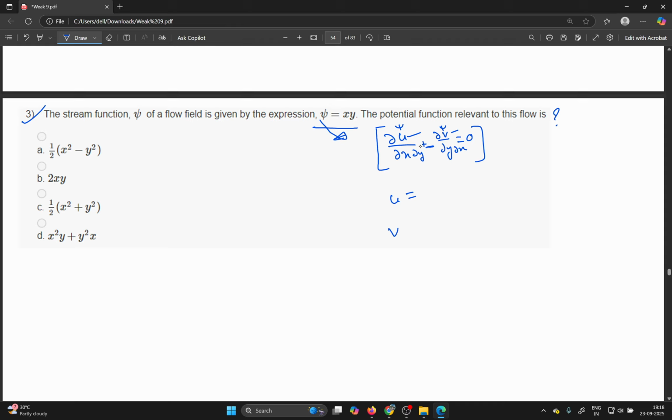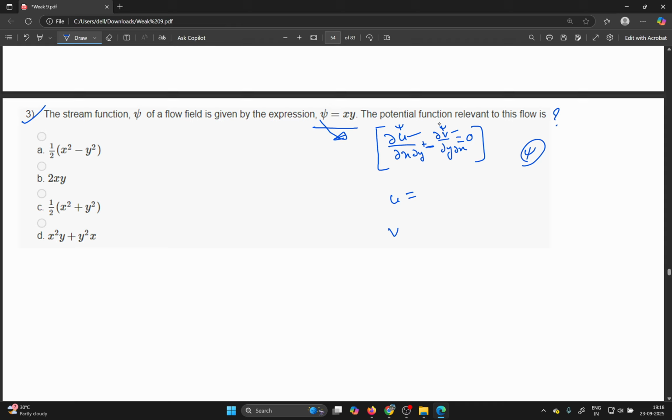So if I write something like that, then we can easily replace this u and v with a single variable, single variable means in terms of psi. You can very easily write.